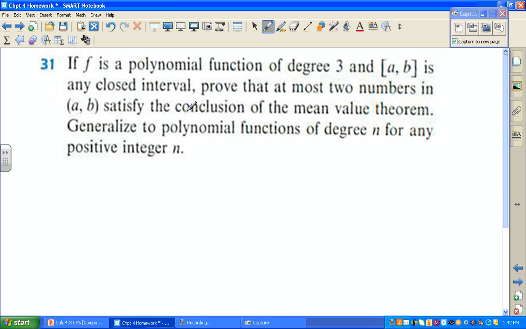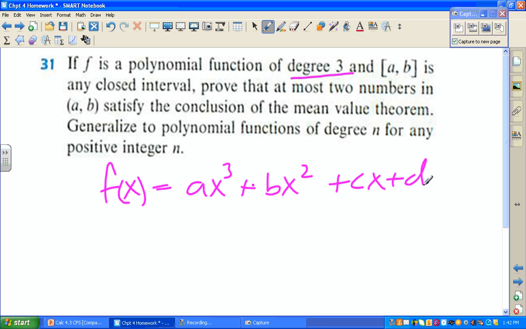Yeah, right. She is. All right, if f is a polynomial function of degree 3, ax cubed plus bx squared plus cx plus d. There. That's a cubic function. Prove that at most two numbers satisfy the conclusion of the mean value theorem. First of all, it is continuous because it's a polynomial and it's differentiable.